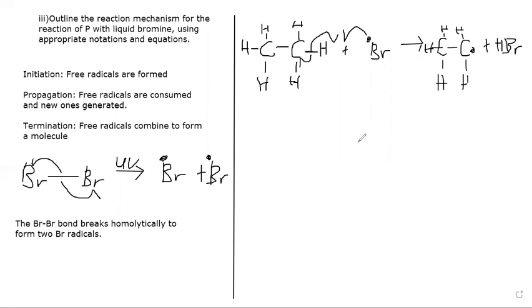Now, propagation has two steps. The first step is where the bromine radical attacks the alkane molecule. In step two, this is now an ethyl radical. If you want to say alkyl radical, it is going to attack a Br2 molecule.